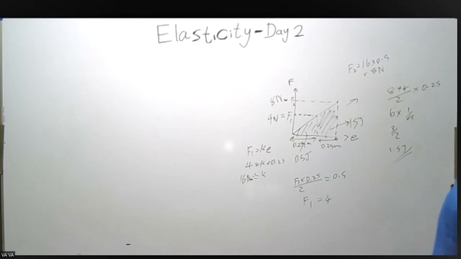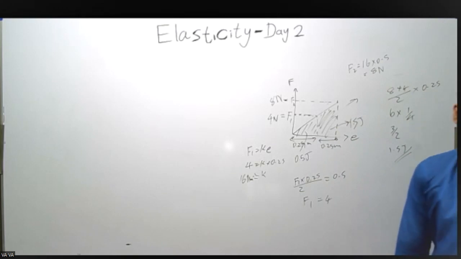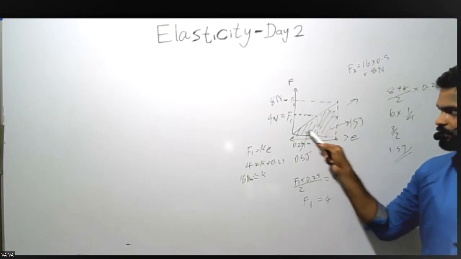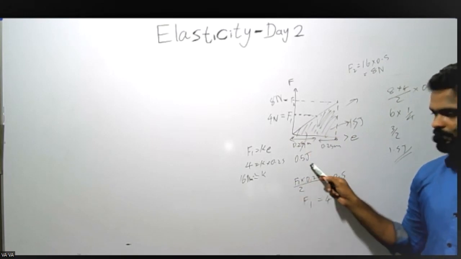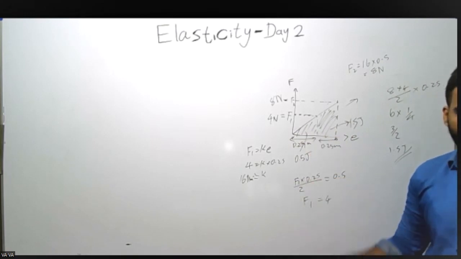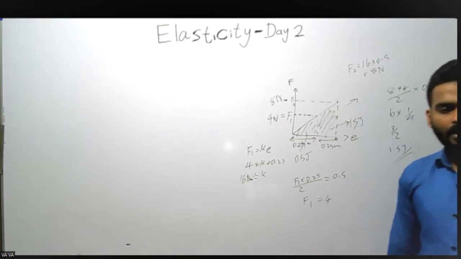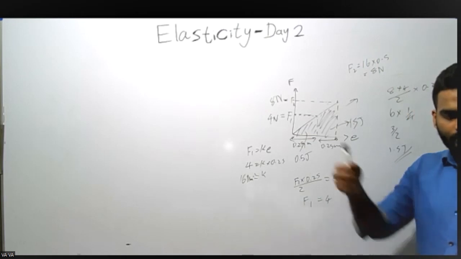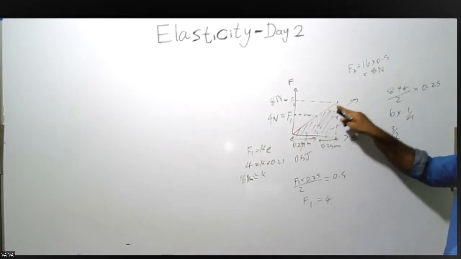No, you cannot do it like that. First you have to apply for this one. Area of this is equal to 0.5 joules. Yeah, the force, you have to increase the force all the time, right?